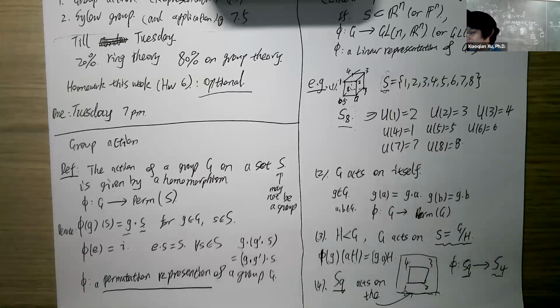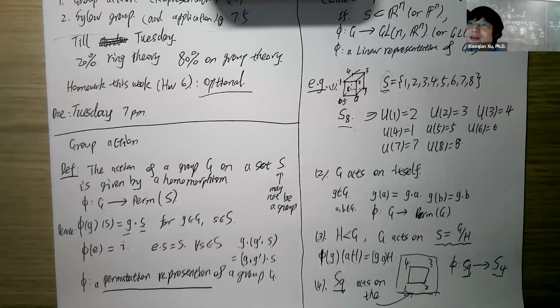And of course, if you do not have this kind of geometric object, if you only have the set 1, 2, 3, 4, then you can use any subgroup or even the whole S4 acting on this set 1, 2, 3, 4. Okay, so that's different.